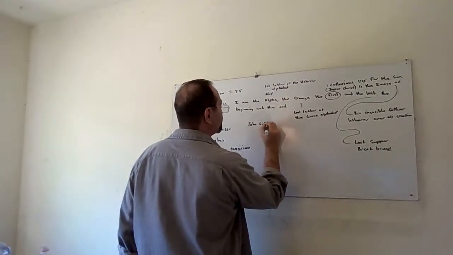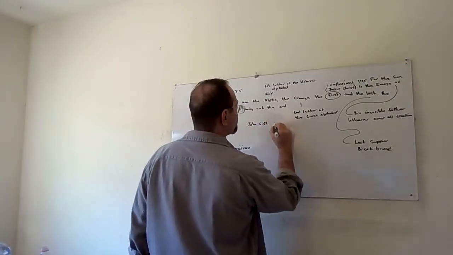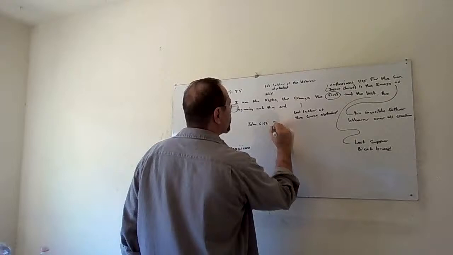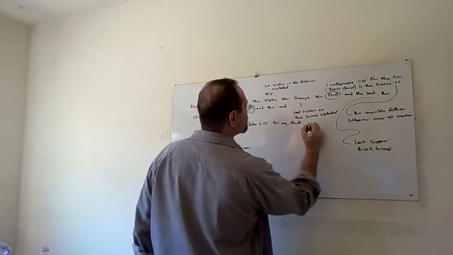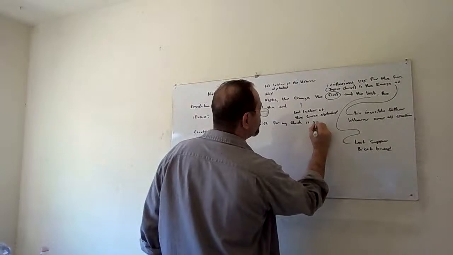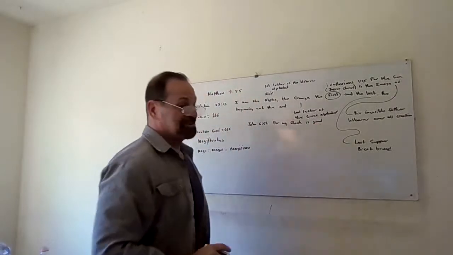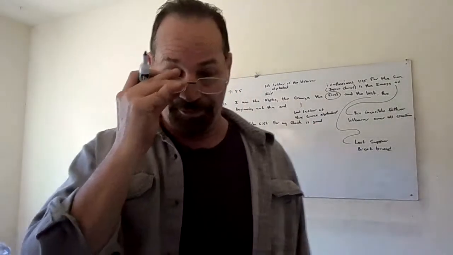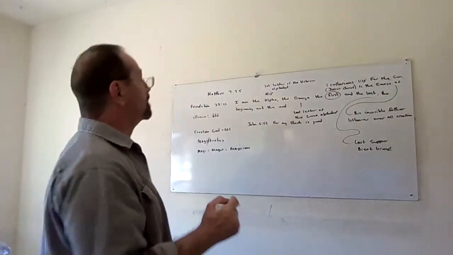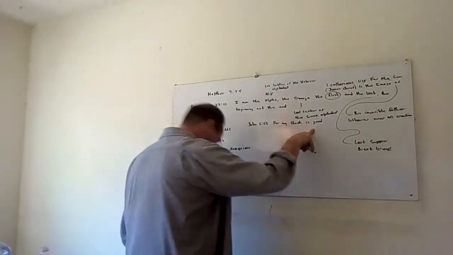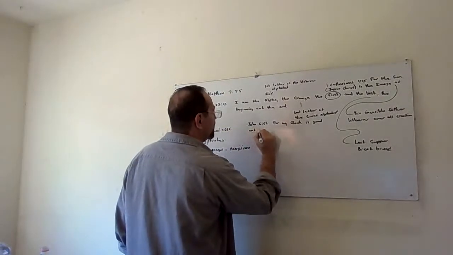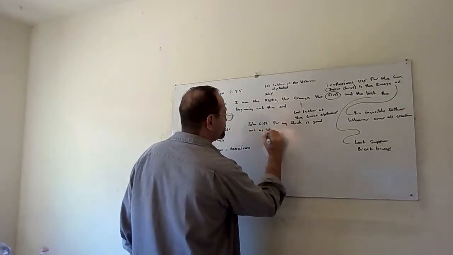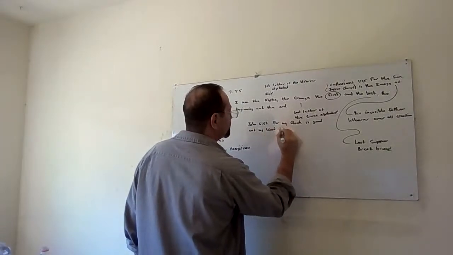John 6:56 says, for my flesh, this is Jesus, is good food. Flesh, good food? Really? For my flesh is good food, and my blood is good drink.